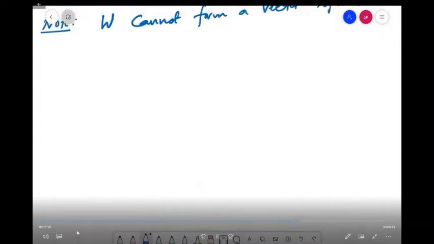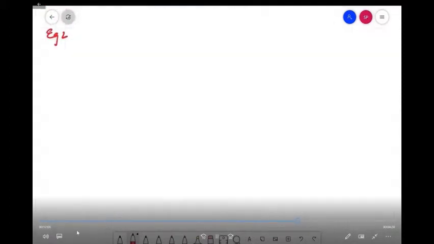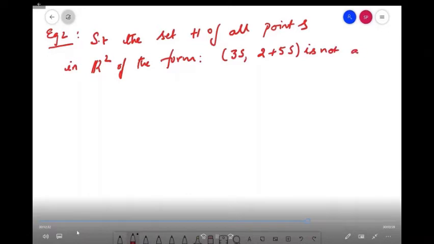Now let us see the next example, example 2. That is, show that the set of all points in R2 of the form (3s, 2 plus 5s) is not a vector space.